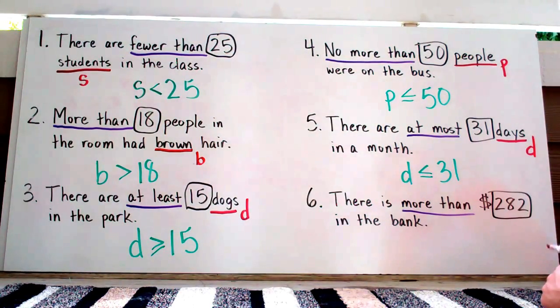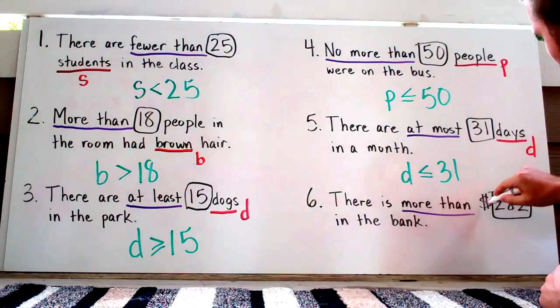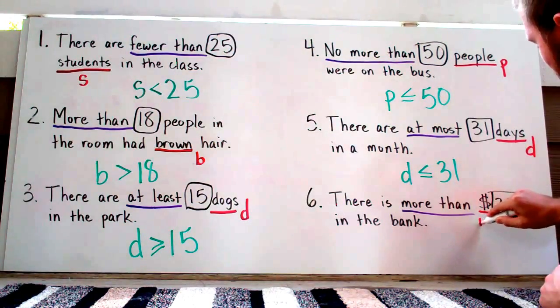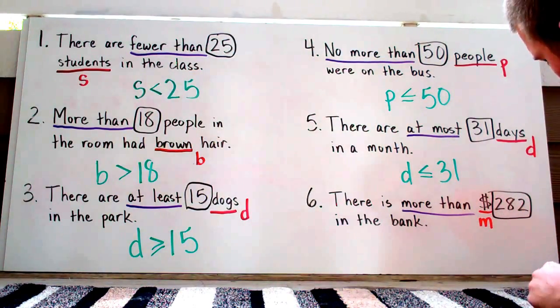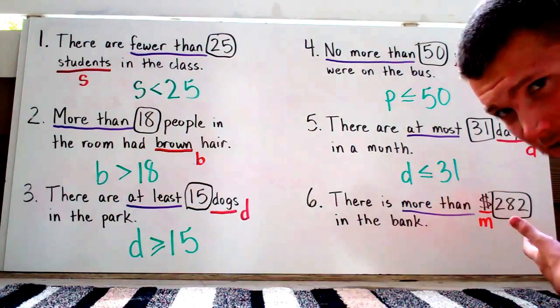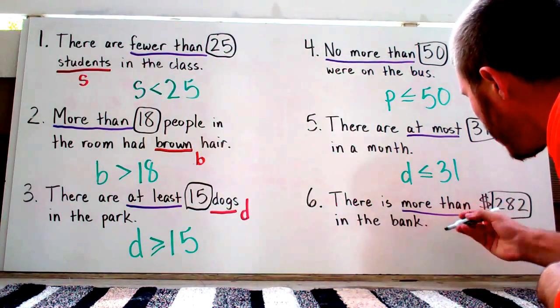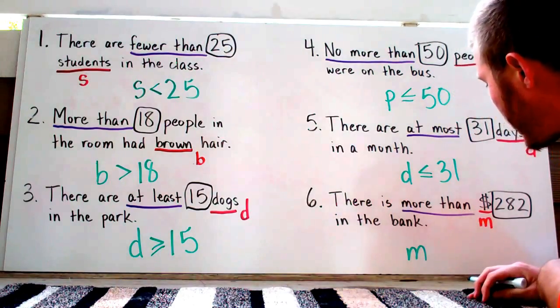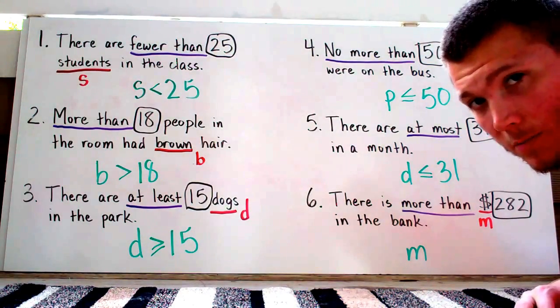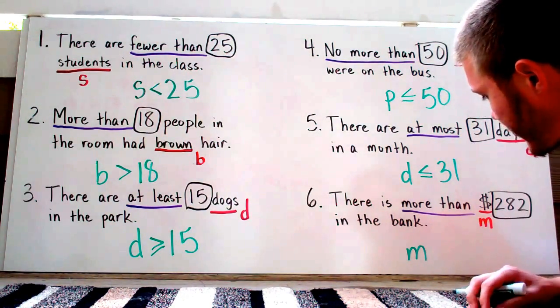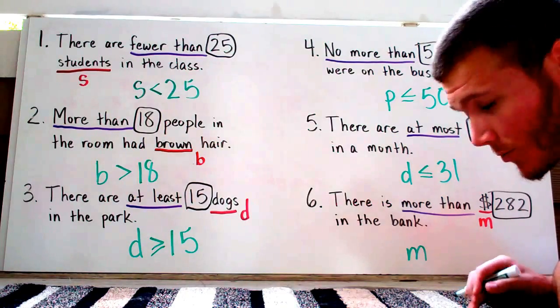I'm going to use M to represent money. If you wanted to use D for dollars, you could have done that too, though. So, let's see. M. There is more than $282 in the bank. So M, more than 282 bucks.